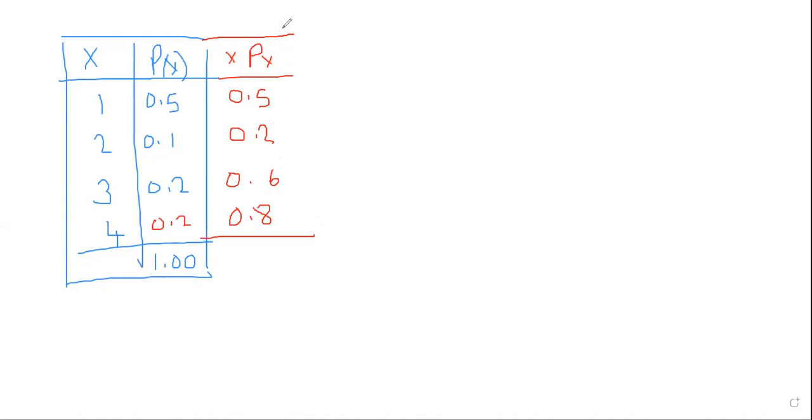So the total is called our mean. This is x times px, and that is called our mean. Can somebody sum up?